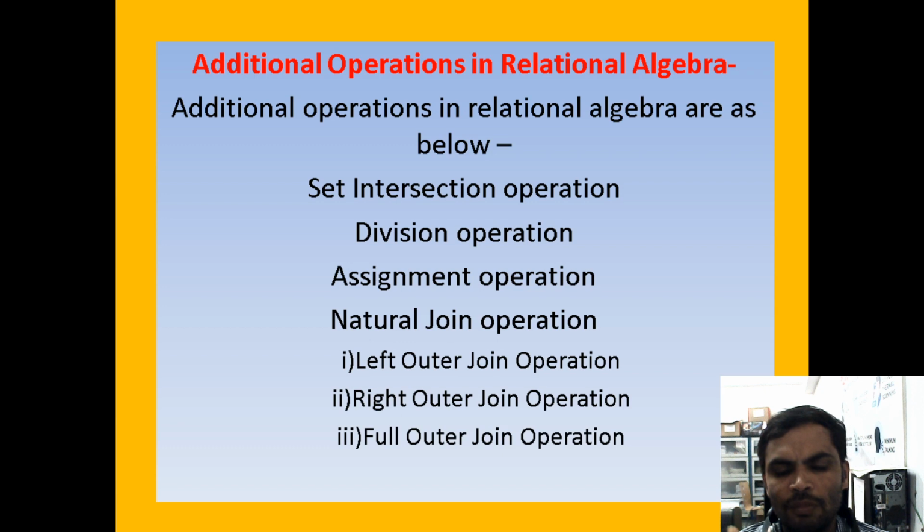Under fundamental, we have the 6 operators with notations and examples. Under additional, we have 4: natural join, assignment operator, division and set intersection. Then last, extended relational algebra operations are categorized into 2 types: generalized projection and aggregation. We should explain with the help of notations.